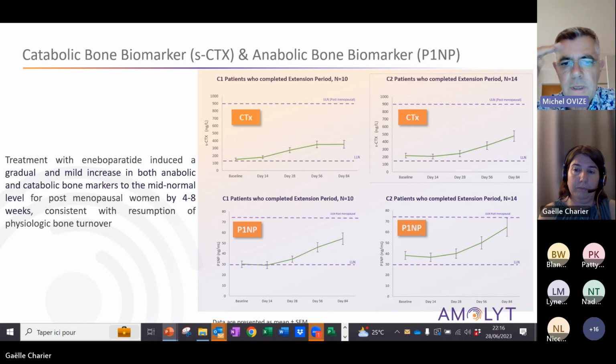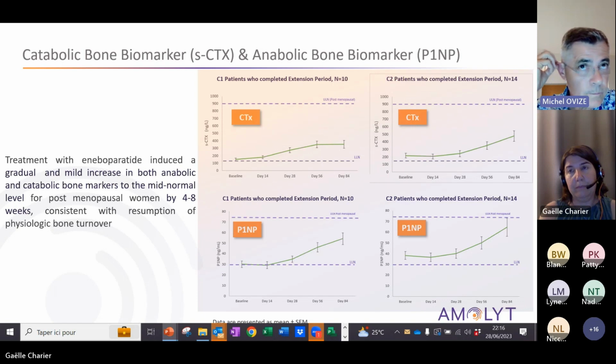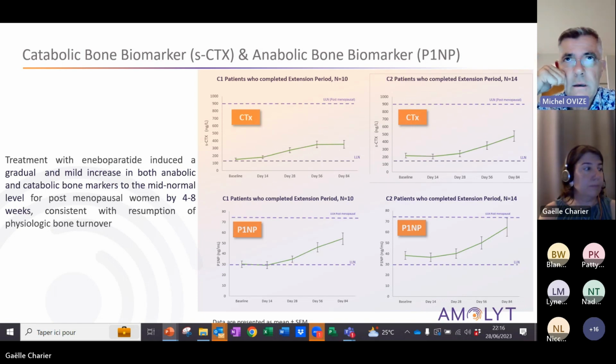CTX and P1NP increase in a similar way over time during the 3 months treatment period, and always well within the normal range of values, meaning that eneboparatide is able to resume bone turnover, but in a slow, progressive, and balanced way.